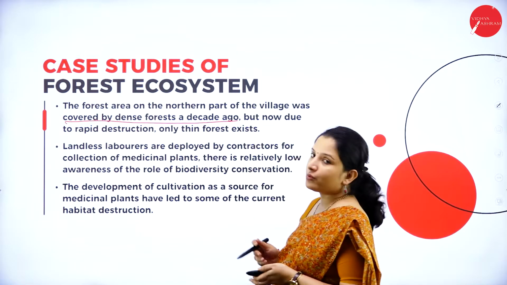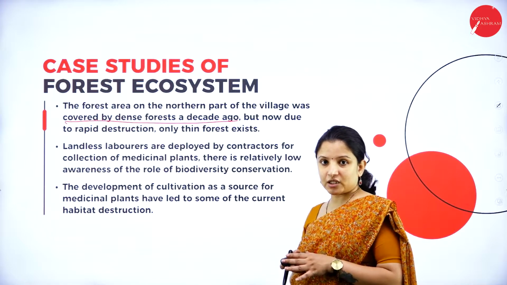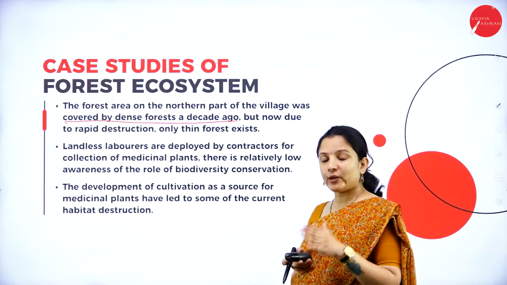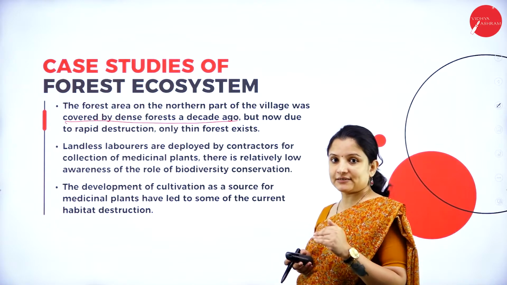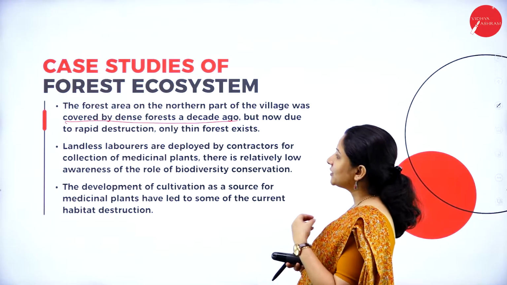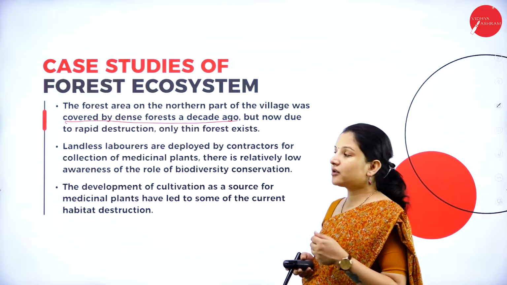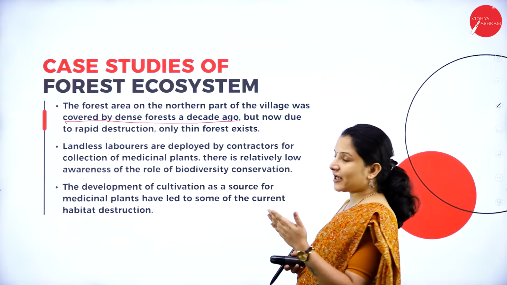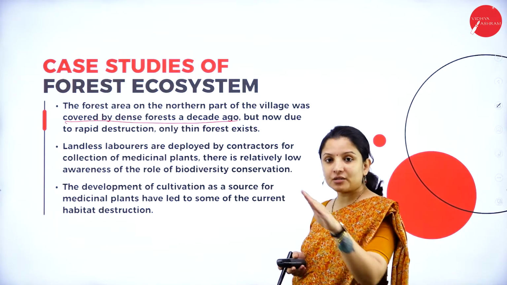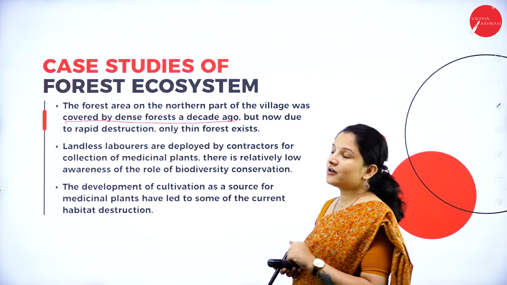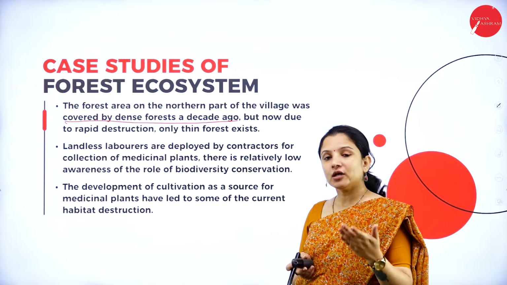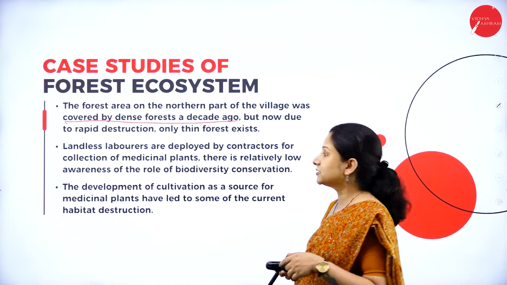So scientists, whoever wanted to conduct this particular study in order to see whether there is a decline in the plant population, especially the medicinal plants, they went in for a survey wherein they found out that the forest area which was present in the northern part of this particular village of Shivamogga was covered by dense forest around a decade ago, that is 10 years ago.